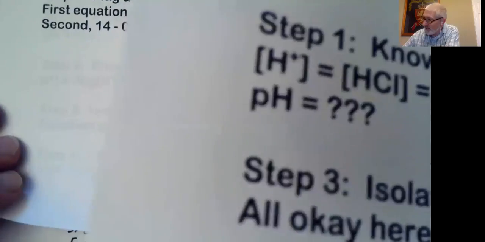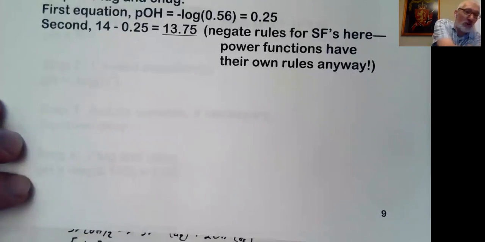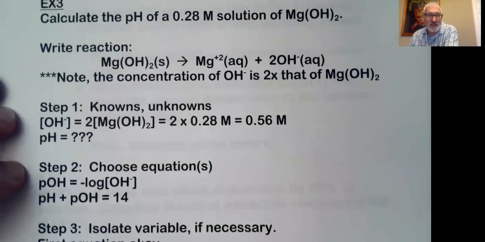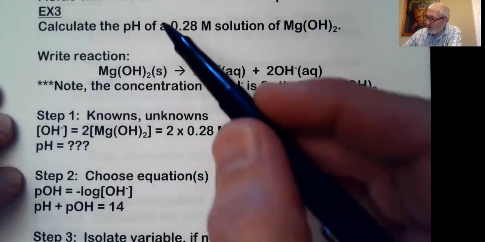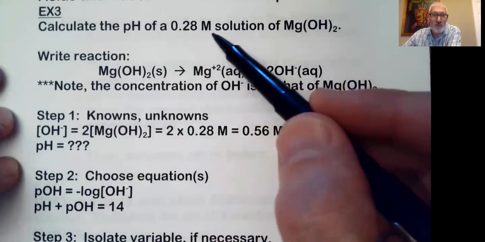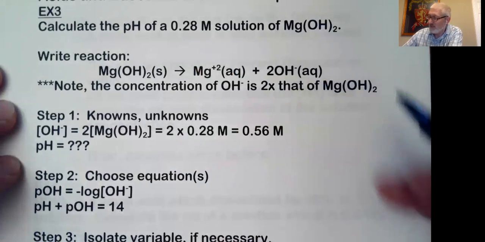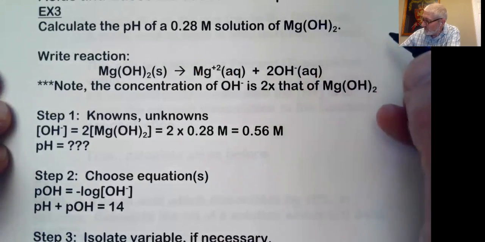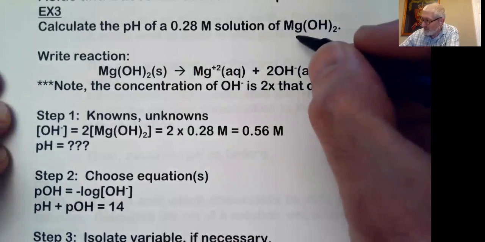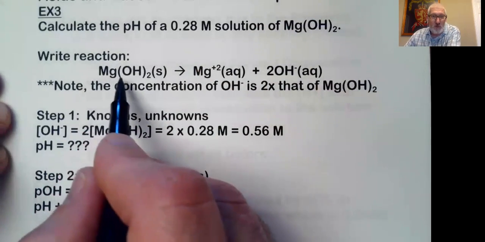So the last little thing is, let me go through one more example problem with you. All right. So let's go ahead and look at this one. So let's see if we wanted to calculate the pH of a 0.28 molar solution of this. Some magnesium hydroxide. Magnesium hydroxide, this is going to be one of our strong bases. So we've written the formula for it.